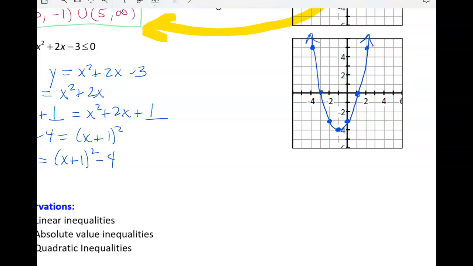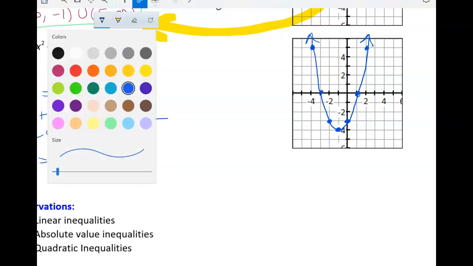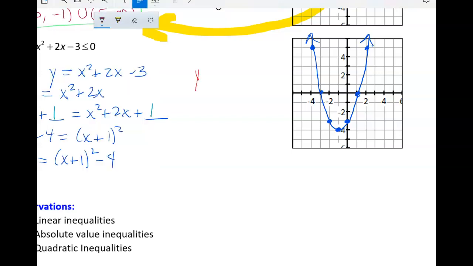And our red graph is going to be the other side of the inequality, which is just y equals 0. Now y equals 0 is just the x-axis. So now let's take a look at what our inequality was stating.